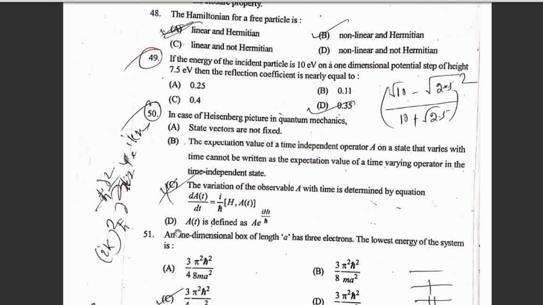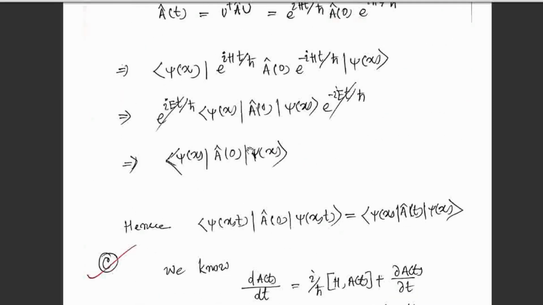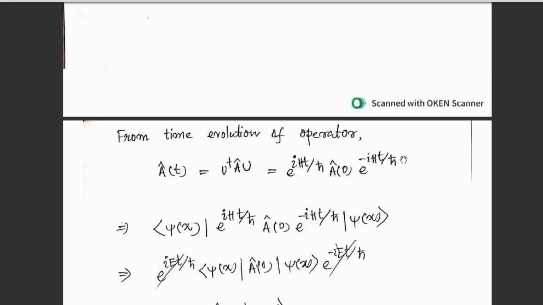But in option D, it is stated that we can write a time dependent operator in the form of e to the power iHt by h cut. This is not equal, because we have just seen that form. This is the form. How can we write it?